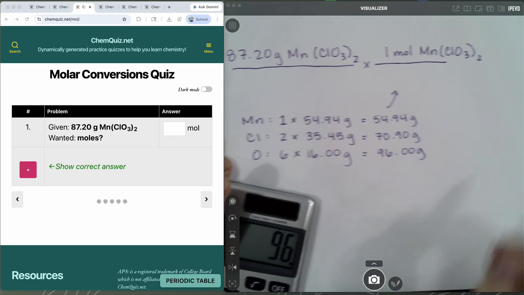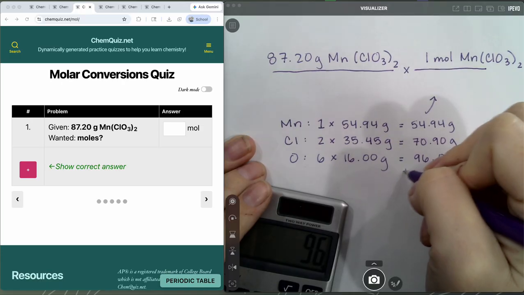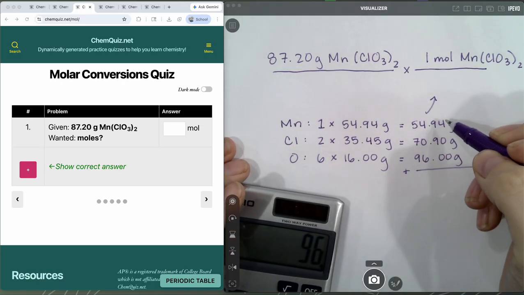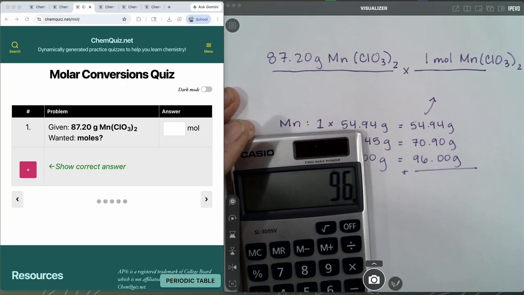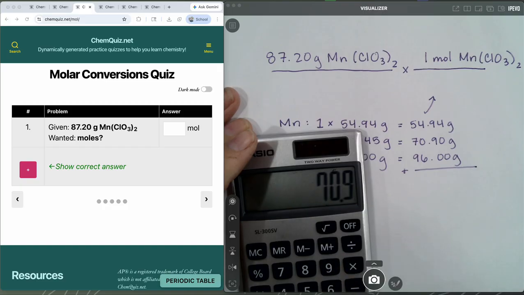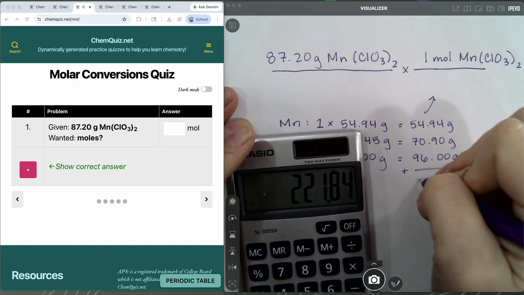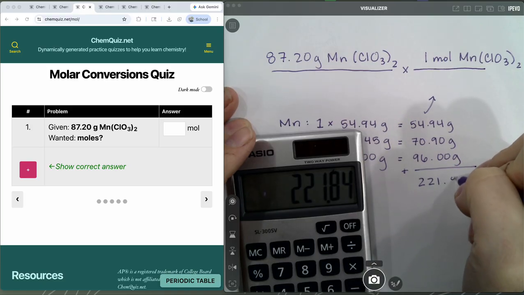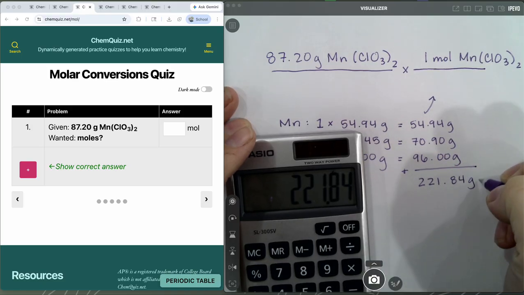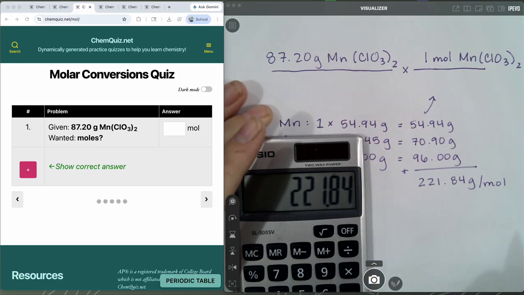Then what do we do once we got them all? We add them together. Good, so we're going to add them all together. Ooh, I don't want to do that in my head. Okay, here we go. 54.94 plus 70.90 plus. We got the same thing. You got the same thing?